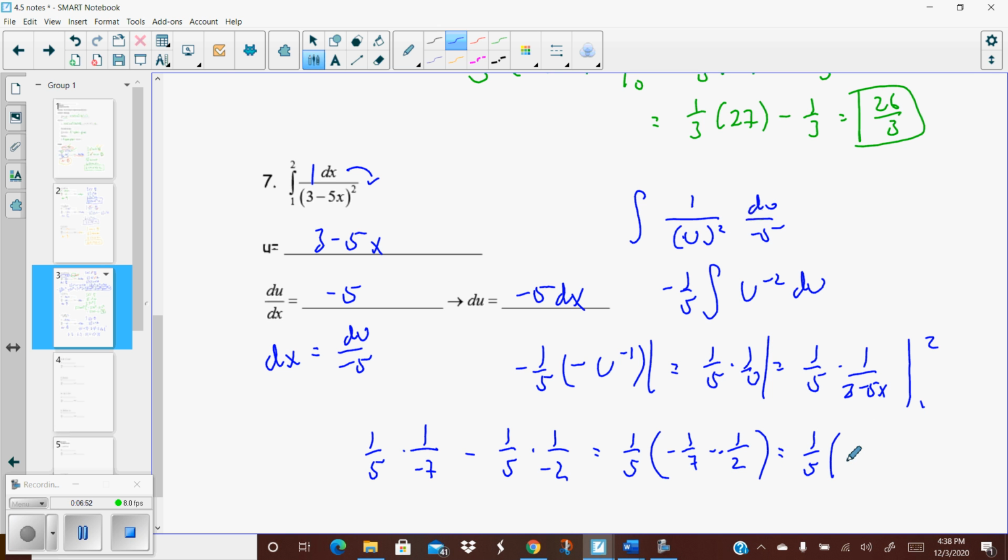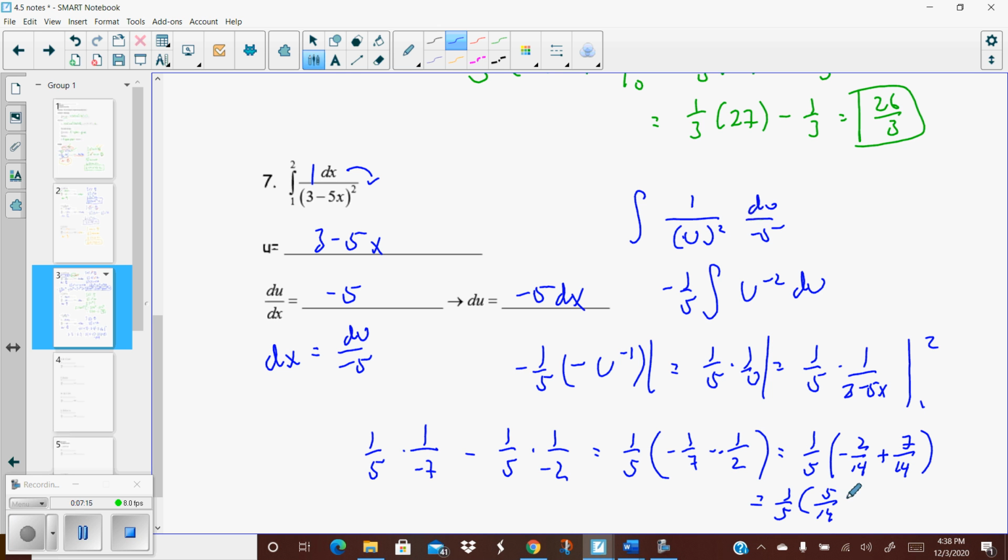It looks like it'll be 14ths, so minus 2/14. That minus minus becomes a plus 7/14. I think I'm doing this right. Looks right so far. So 1/5, negative 2/14 plus 7/14 is 5/14.